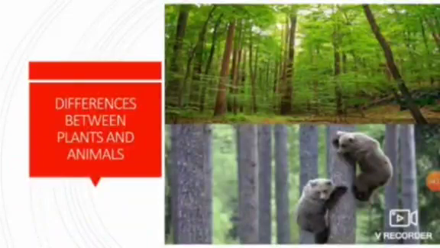Plants cannot move from one place to another. They are immovable. Whereas animals can move from one place to another. In growth, plants grow throughout their life until they die. Whereas animals grow only for a certain period. After that, their growth stops. These are the differences between plants and animals.